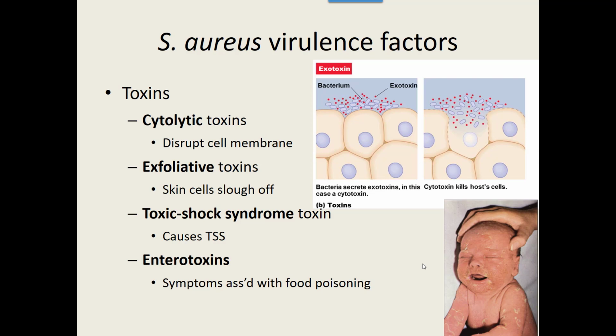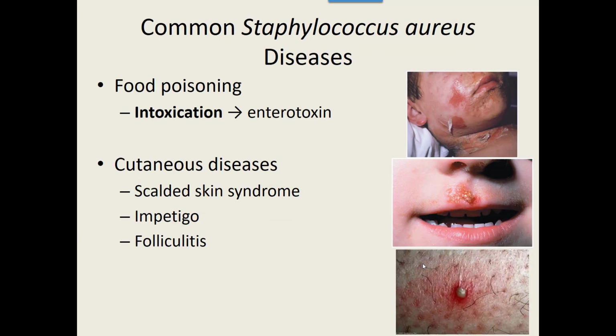Now, how we can pick up Staph aureus depends on what kind of disease you're going to get. One is you can ingest this particular bacteria in food. It's called intoxication. The toxins are going in because of ingestion, and they have that enterotoxin.